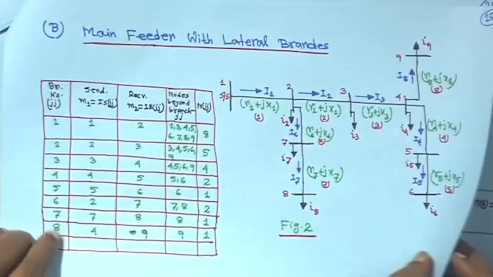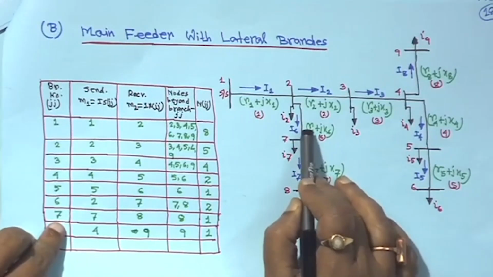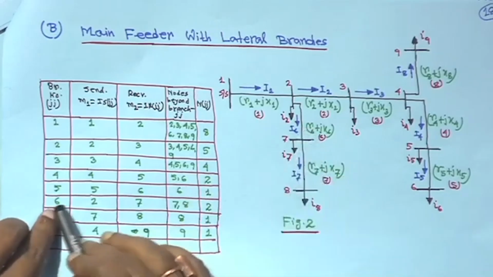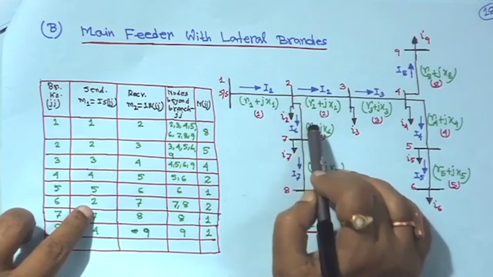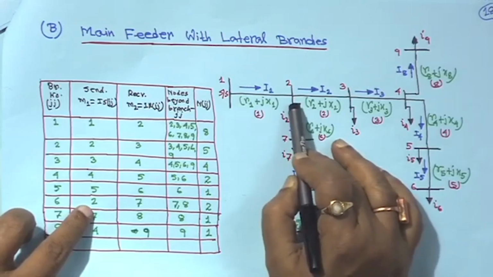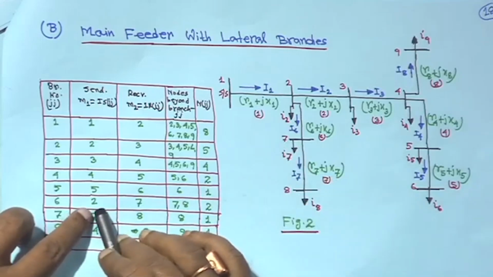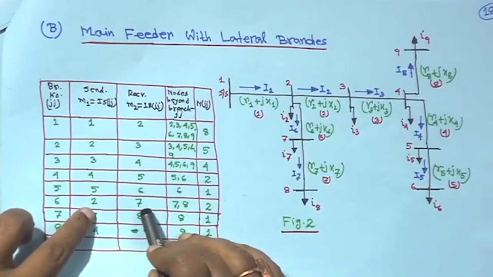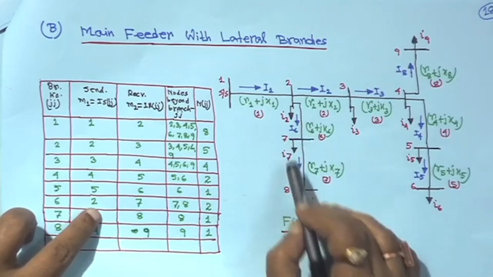Now come to branch 6, this is your branch 6. When jj is equal to 6, the sending end node is 2 and node 7 is the receiving end node. So M1 is equal to 2, M2 is equal to 7, and beyond this branch only 2 nodes are there, 7 and 8.